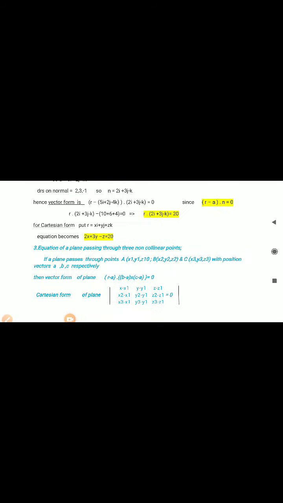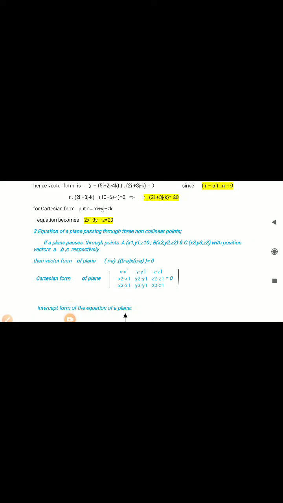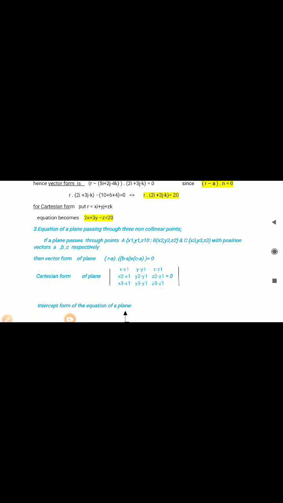Now here is another type of equation of a plane, passing through three non-collinear points. Here the three points are A, B and C having coordinates x1, y1, z1, x2, y2, z2, x3, y3, z3 with position vectors a, b and c. These are the position vectors of the points.